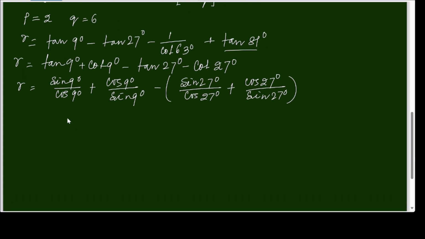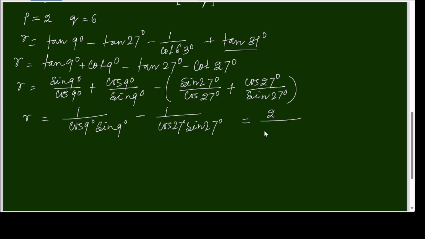On further simplification, R equals 1 over cos 9 degree sin 9 degree minus 1 over cos 27 degree sin 27 degree. Multiplying both numerator and denominator by 2, I get 2 over sin 18 degree minus 2 over sin 54 degree.